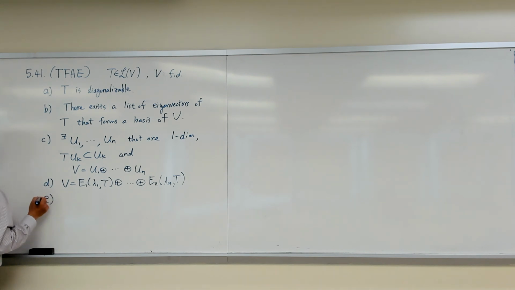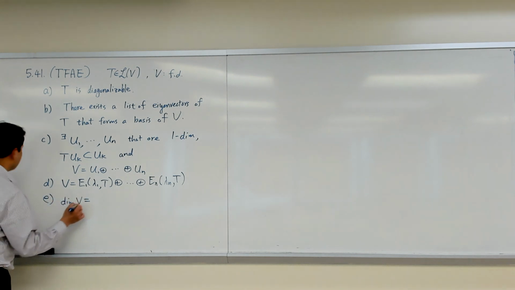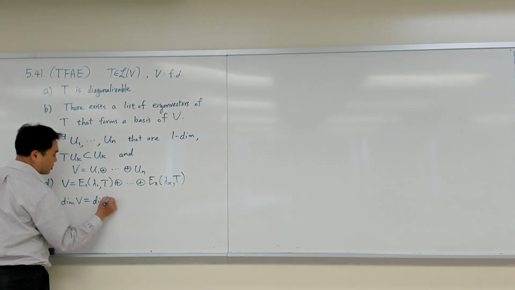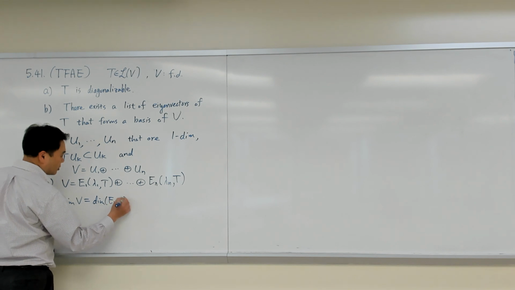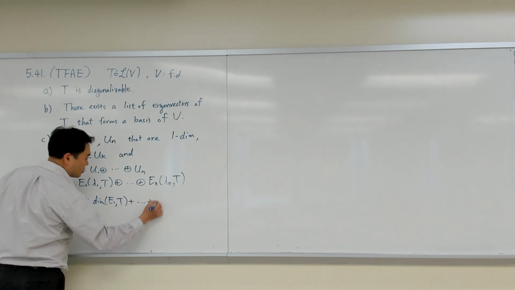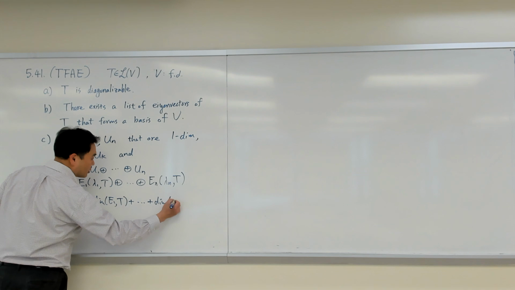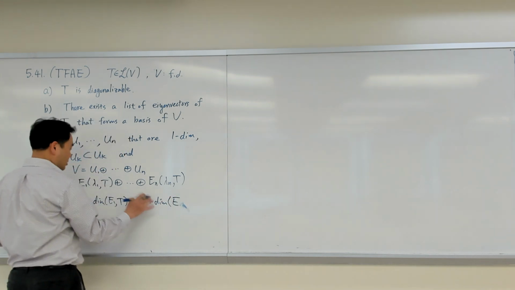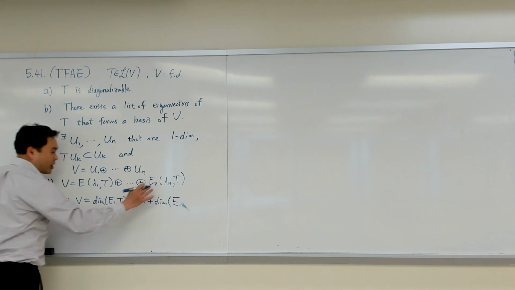So the dimension of V is equal to the dimension of E of lambda 1, T plus and so on, through the dimension of E of lambda n. Oh, sorry, I don't know why I put the subscript here.